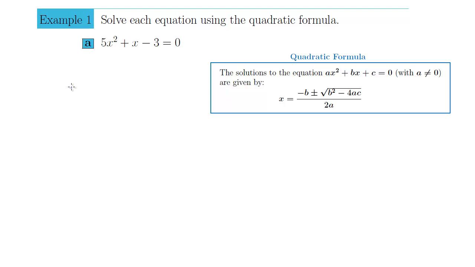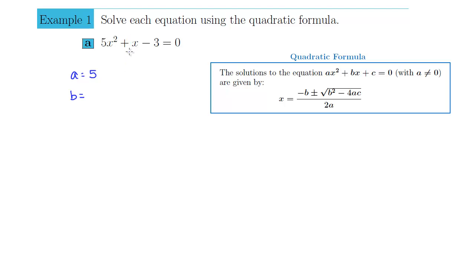What we have to do first then is find and identify our a, b, and c values. So notice for this example, I have a being the coefficient on x squared. In this case, it's simply 5. B is the coefficient on x. That is the number that's in front of x.